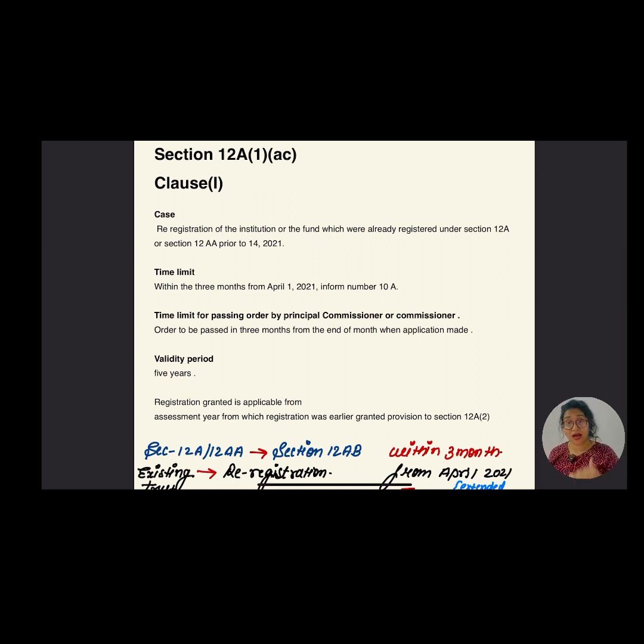Do they have to convert it? They have to do the re-registration process, or can they continue with that, okay. This is the second question. And third, what if the trust is already registered in any other act? Is there any procedure which is to be followed by them? So this section is going to give us a clarification. So let's go for it now, okay.